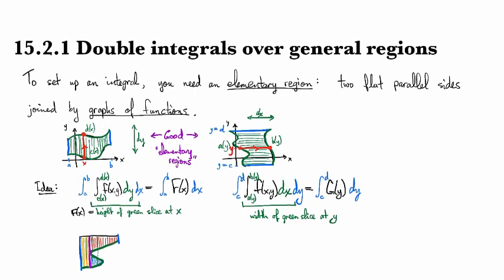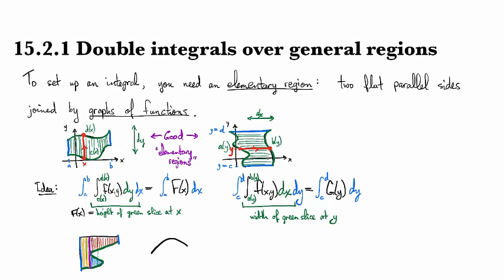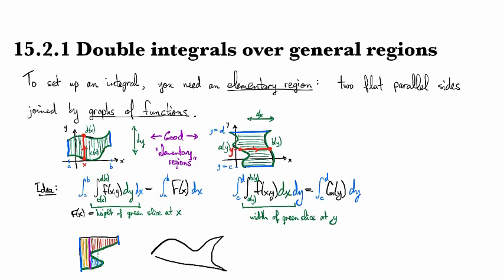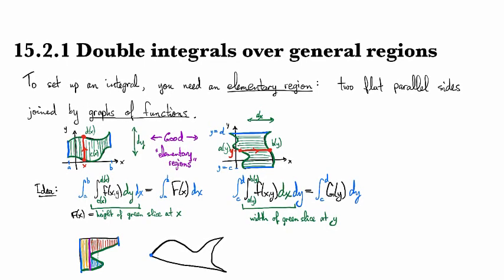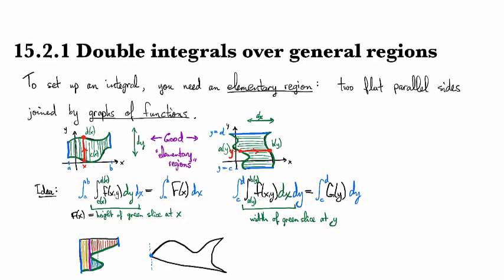Similarly, if I had something that looked like this weird fish, then it's perfectly fine that on the left side here my flat parallel side is a point. That's okay. That's not a problem.